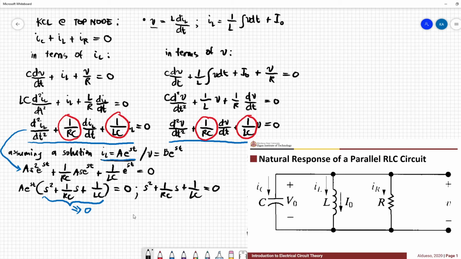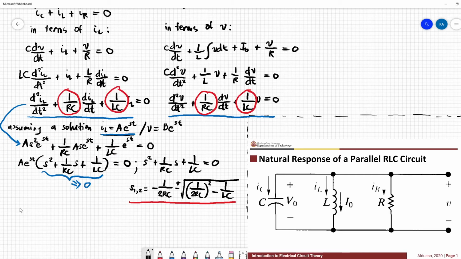For finding the roots, we have two values for s. So we have s1 and s2 equal to negative 1 over 2RC plus or minus the square root of (1 over 2RC) squared minus 1 over LC.